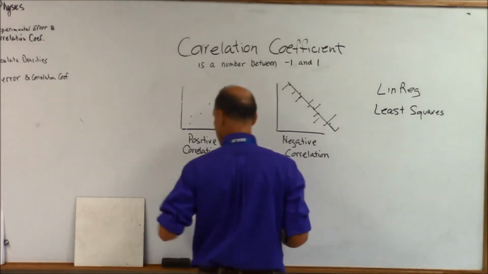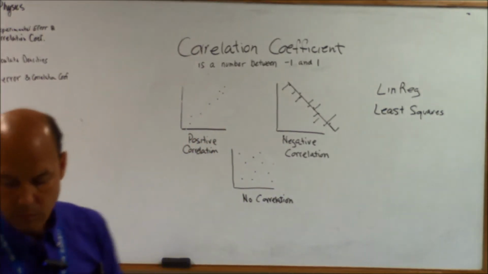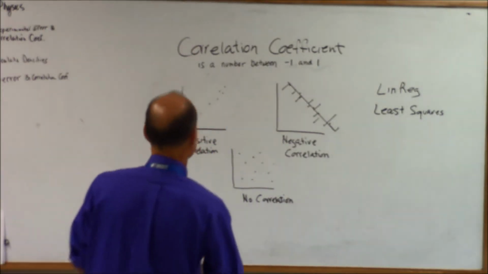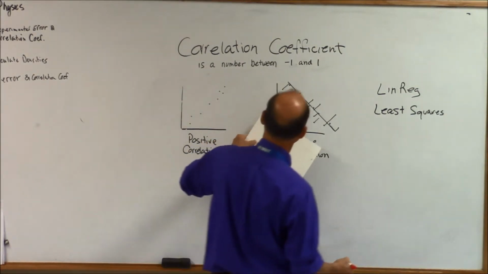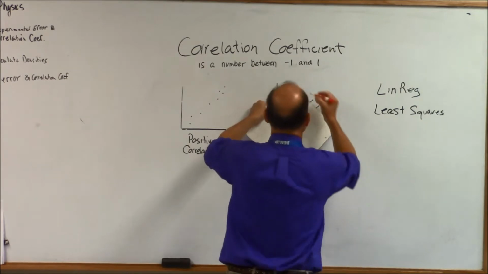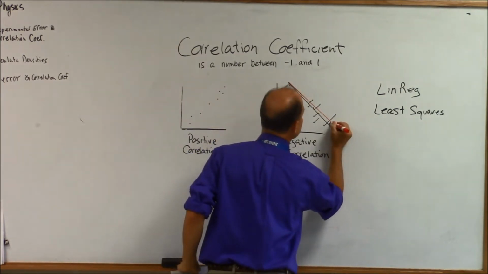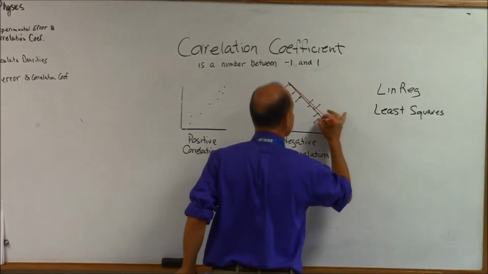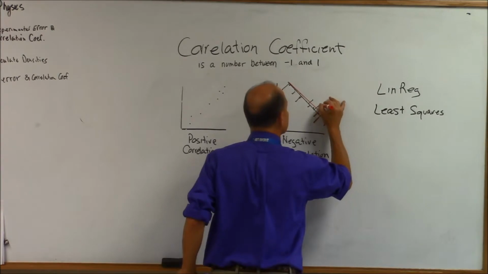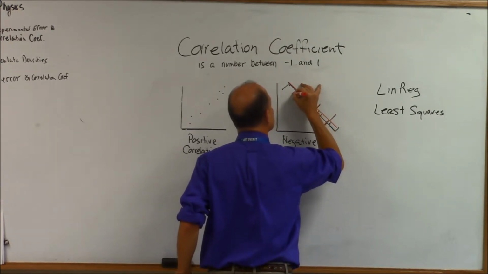Then it draws another line. Maybe I should do another color. Wow, that was a pretty good line of best fit to start with. Maybe it'd go like here. Then it draws another line, and then it draws another set of line segments from those data points to the arbitrary line.